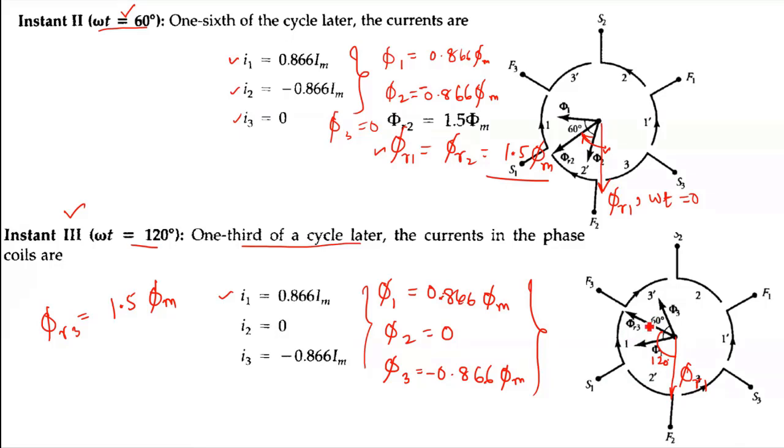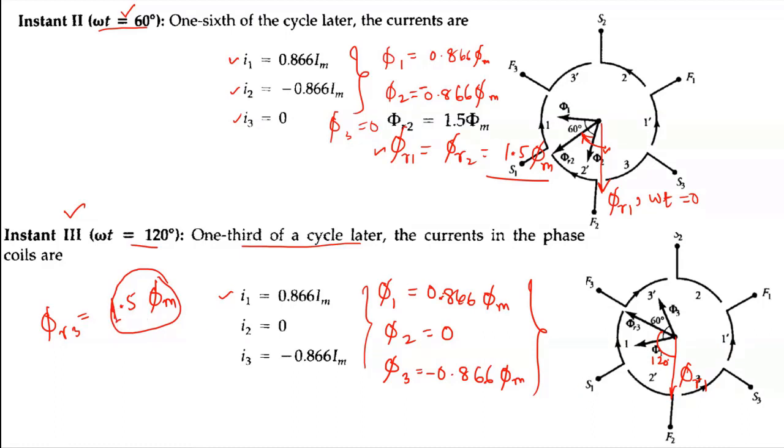So for a pulsating current, we get pulsating flux, and we are finding a revolving resultant flux which is revolving with respect to the pulsation of the current waveform or flux waveform, right? With a constant magnitude, that is 1.5 phi m, right?